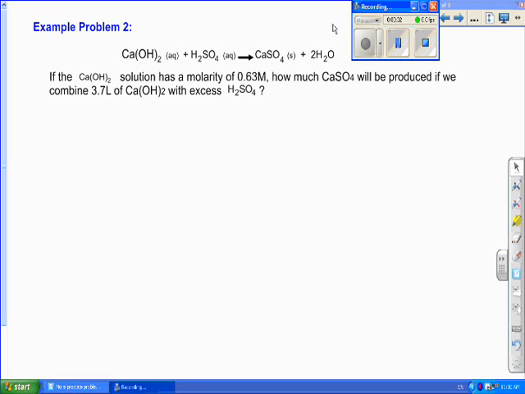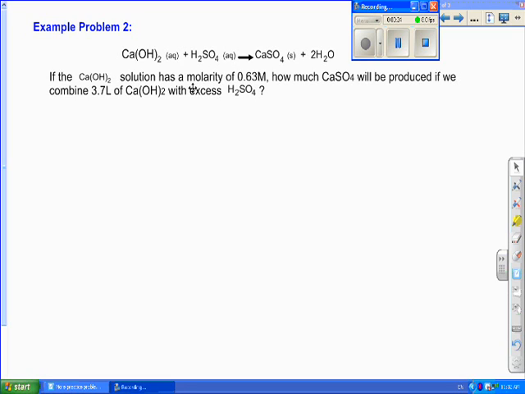So the first thing to do is to really look to see what are we starting with and what do we want as our final answer. And if you look, you're combining 3.7 liters of calcium hydroxide. That's what you're starting with. And it's asking for how much calcium sulfate will be produced.